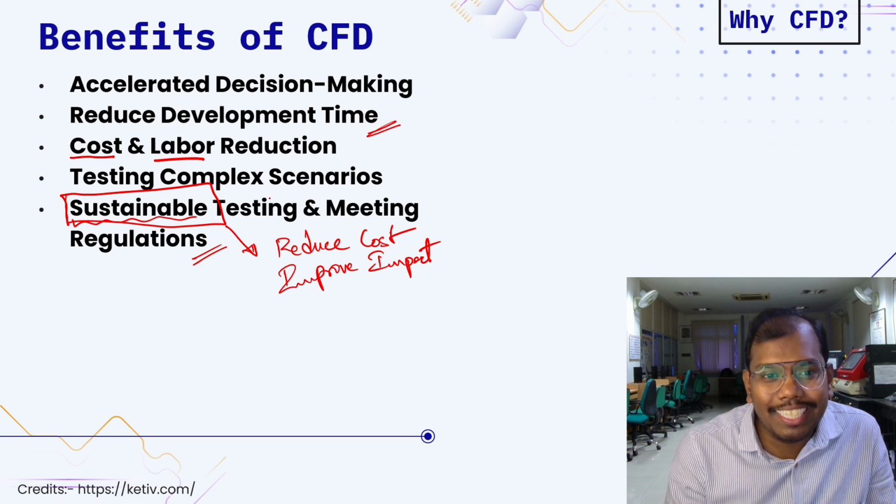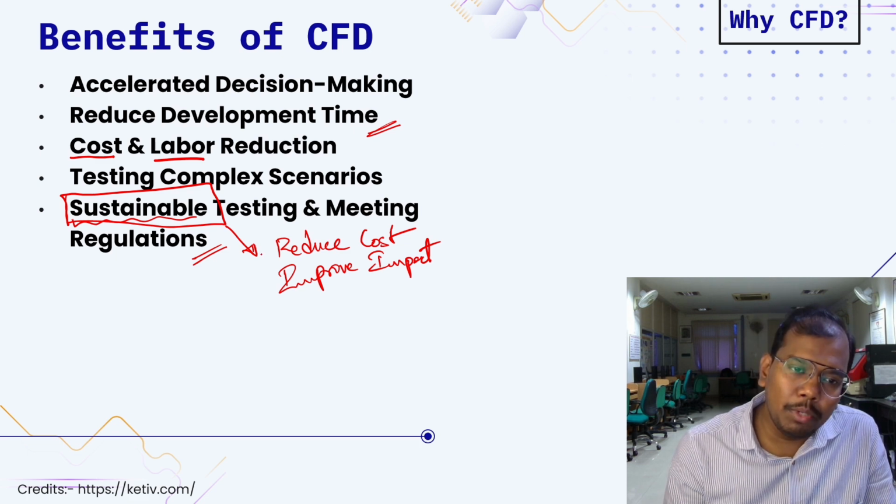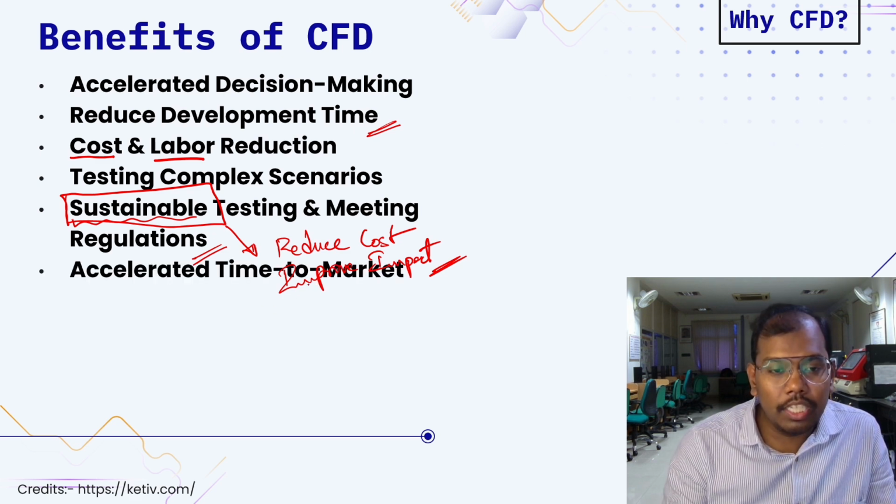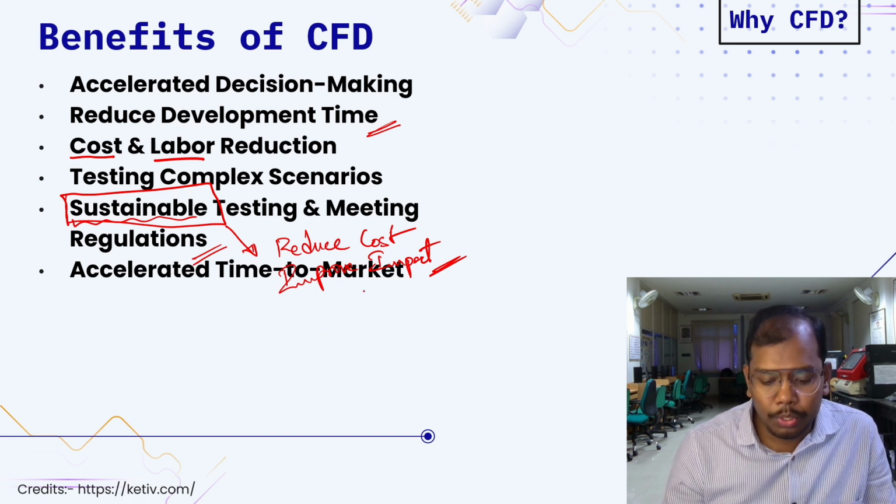When you can test things in a simulated manner without doing the actual physical testing. You are doing the testing in a simulated manner, so obviously you'll be able to reduce the cost and improve the impact. That's how you will be able to meet the regulation, and you will also improve the impact. That's what sustainable testing means. So CFD is actually helping you to do all that.